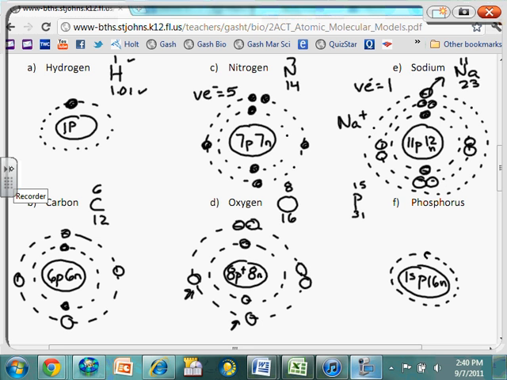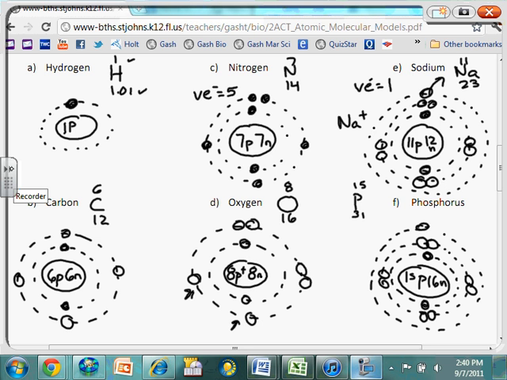So let's start by putting 2 on the first shell. And then we'll do 8 in the second. So that's a total of 10. We need 5 more. So we add a third energy level or third shell.